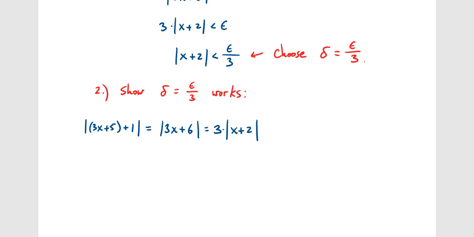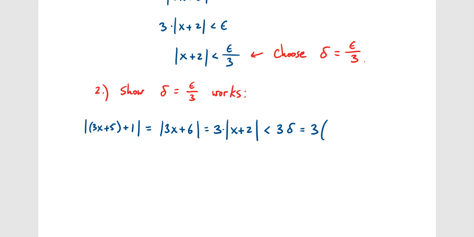Once we get to that setup right there, what we're going to do is use the fact that the absolute value of x plus 2 is less than delta. We can multiply both sides by, in this case, 3, and that's what we write, is less than 3 delta. And then we replace delta with what we chose it to be, which is epsilon over 3.